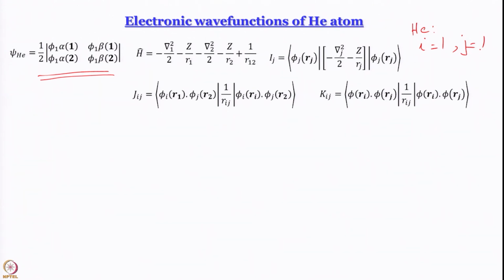There will be some strange big expression for the orbital. So, what we do is to keep things general and to remember that these are actually Hartree-Fock orbitals, not the orbitals that we got from hydrogen. We will just write phi 1, phi 2, and so on. So, here the only spatial orbital involved is phi 1. So, i equal to 1, j is also equal to 1, i equal to j.